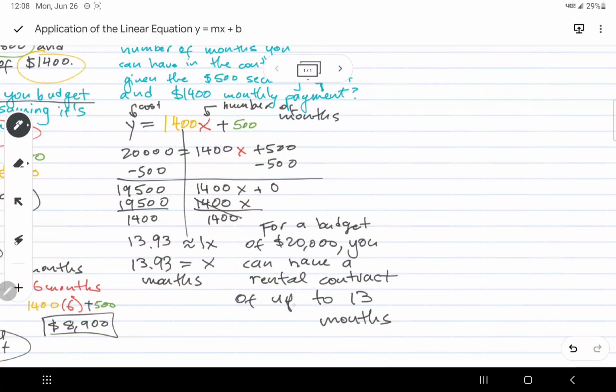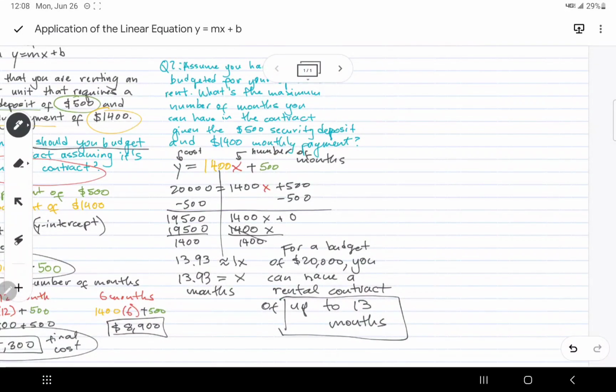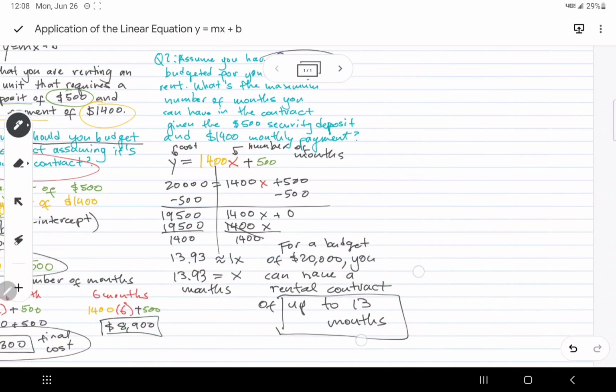Now you can write this whole thing, but the answer really here is up to 13 months because the question is, what is the maximum number of months you can have in the contract?